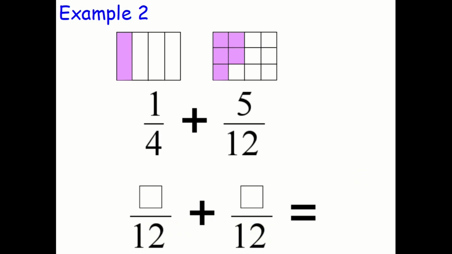So the question now becomes, what is 1/4 in terms of twelfths? I'm trying to create an equivalent fraction to 1/4 here, but in terms of twelfths. So you have to ask yourself, how many 4s are in 12?